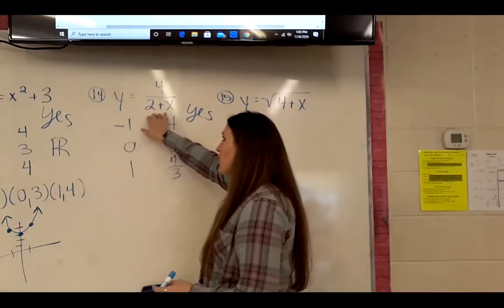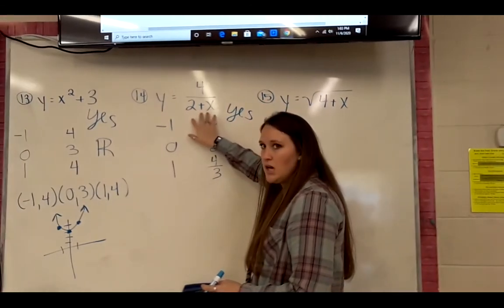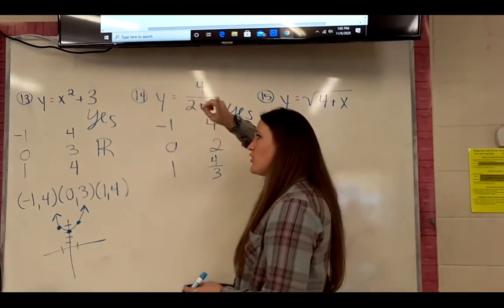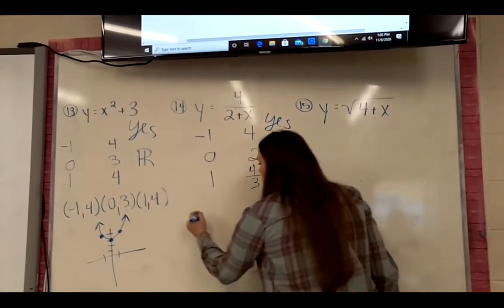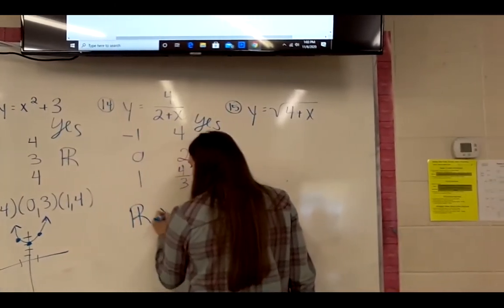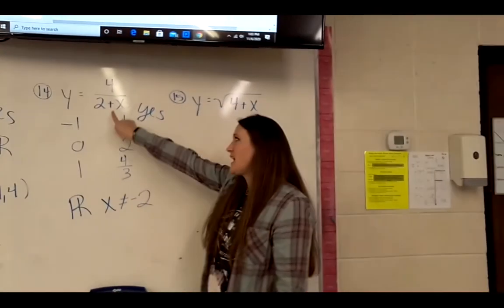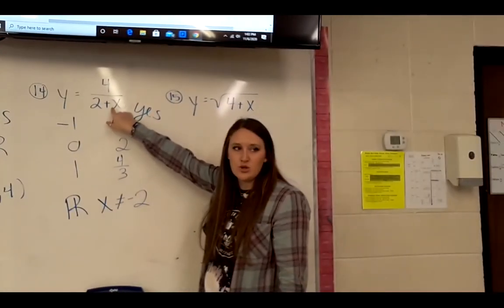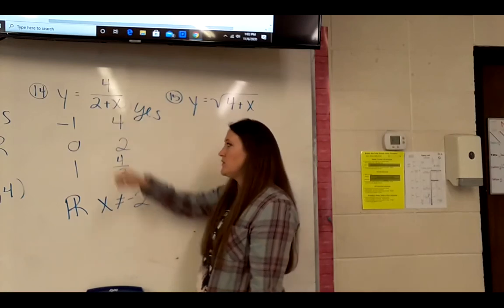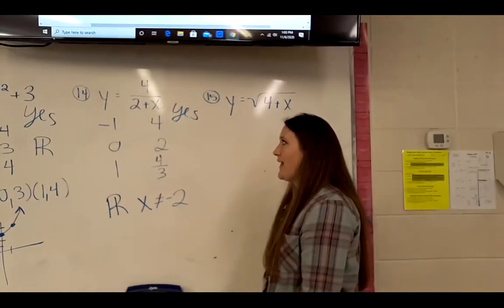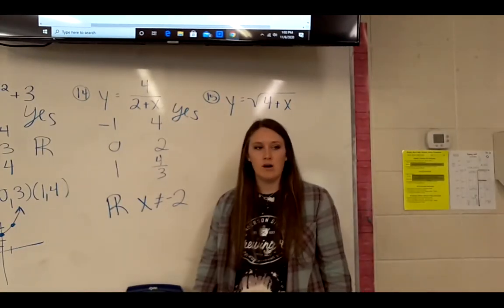Could I plug in any other number and it still work? Yeah, as long as we don't get 0 on bottom. So it only doesn't work for that one number. So your domain is all real numbers, but x cannot equal -2, because -2 is what would make that 0. 2 plus -2. And that would cause you to be illegal swimming with no bottoms.